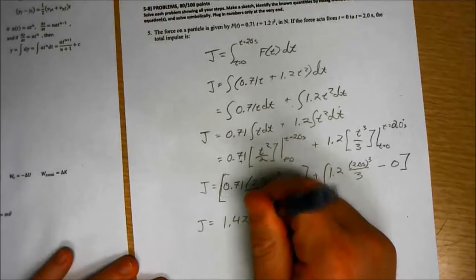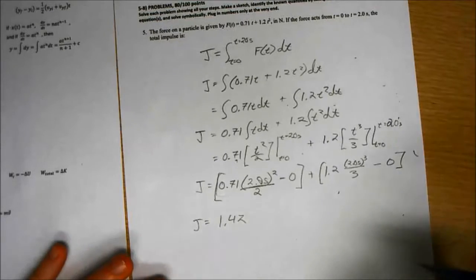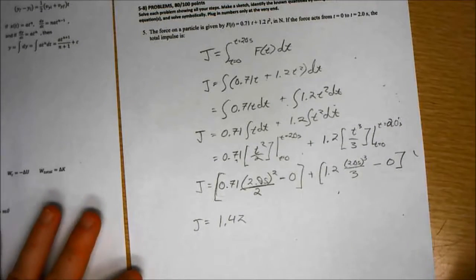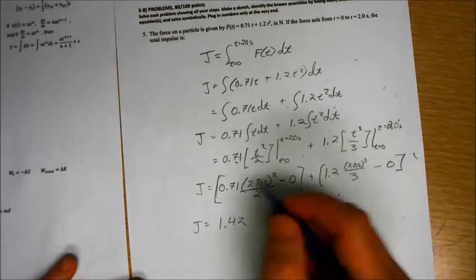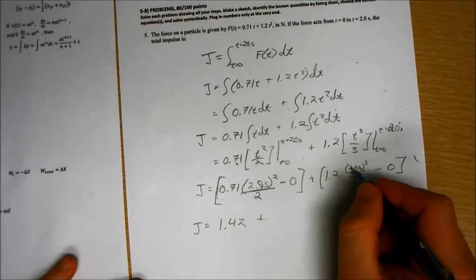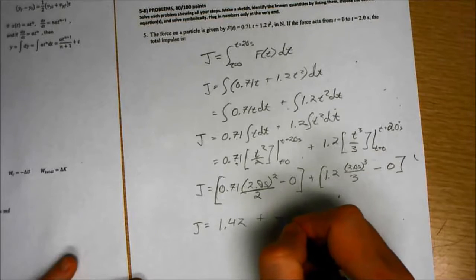I'm just going to leave off the units for now because there are going to be some complicated units involved here. So then plus 8 divided by 3, so that's 1/3.